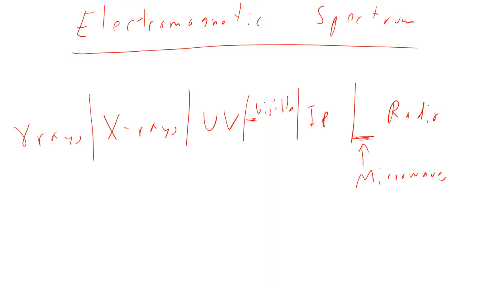Again, 400 to 700 nanometers is visible light. Ultraviolet light goes all the way down to around 200 or so nanometers. X-rays go down to close to a nanometer. Shorter than that are going to be gamma rays. There's really short X-ray, really long gamma ray. There's not really much difference between them.